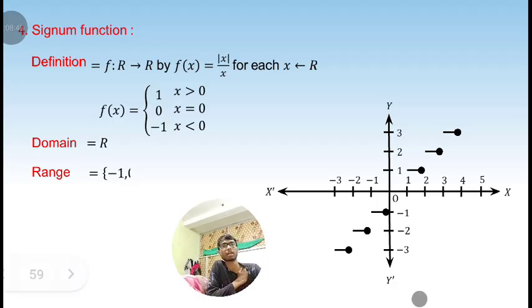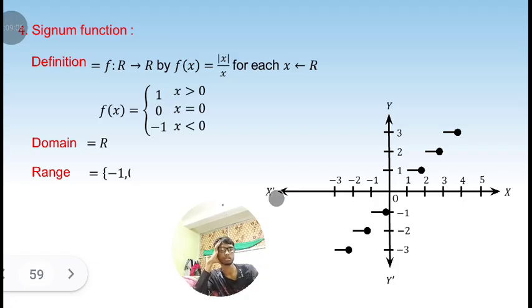For example, here we have this one. So 1 would be 1 as it is, this is 2 as it is, and this is 3 as it is.